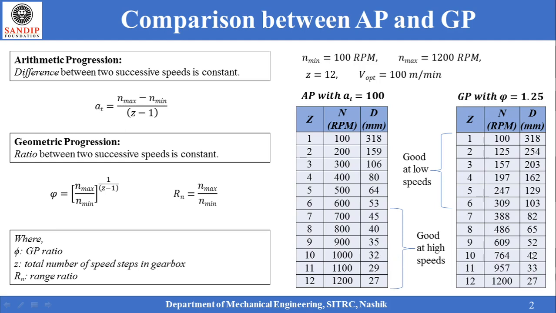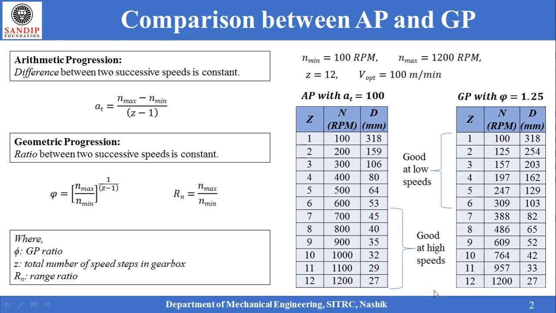If the same shaft is being manufactured on this gearbox using GP, then the operator will operate it at either 764 or 957, preferably 957. So the loss of economic cutting speed will be lesser. If you compare losses in both the cases, there is not much difference in the loss.